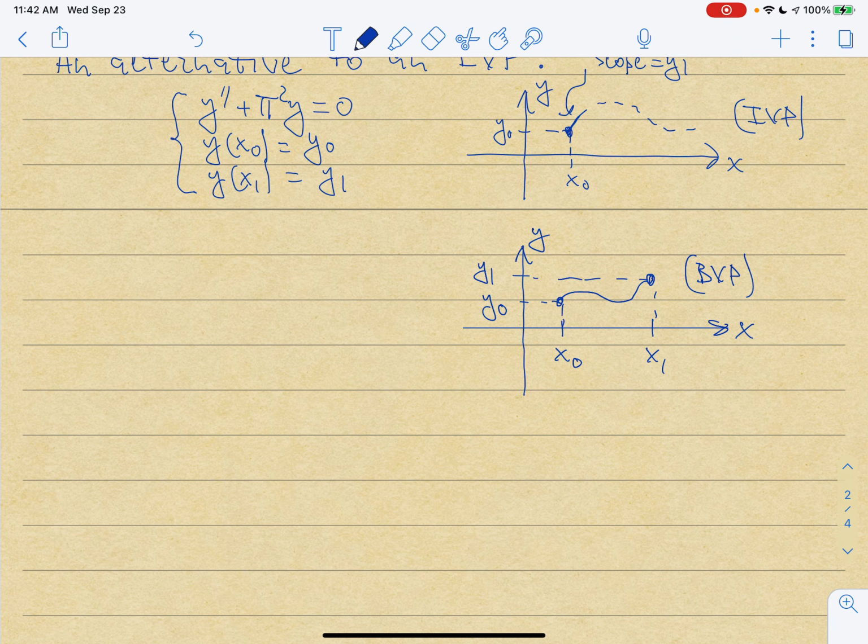So first of all, I'm going to consider some boundary value problems. Examples.